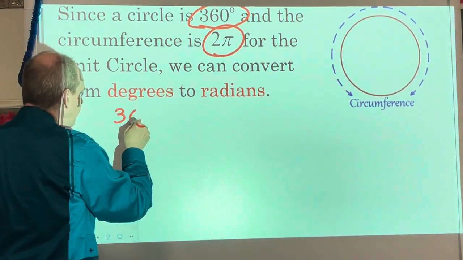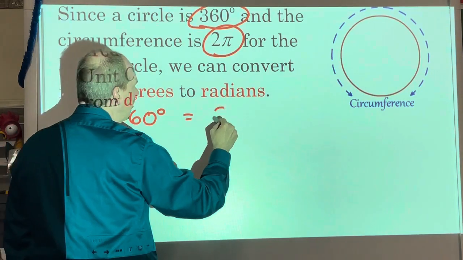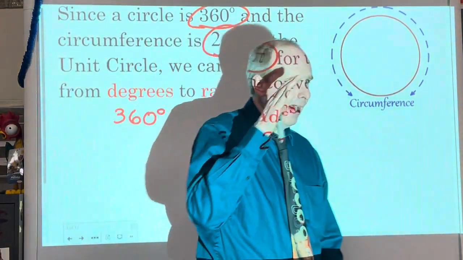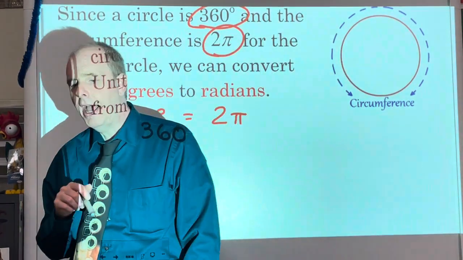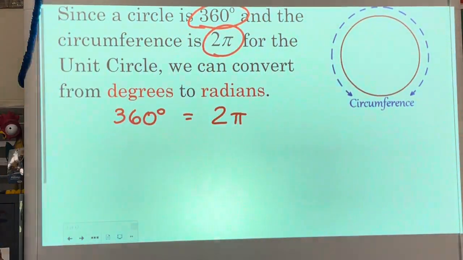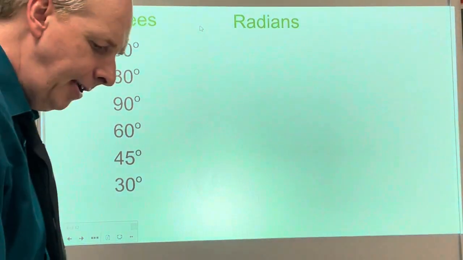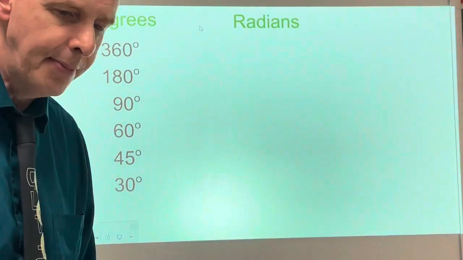So 360 degrees is equal to 2 pi radians. How far is that angle? It's 2 pi radians. It's a different type of measurement for angles. Using that information, we can change things from degrees into radians and back and forth.